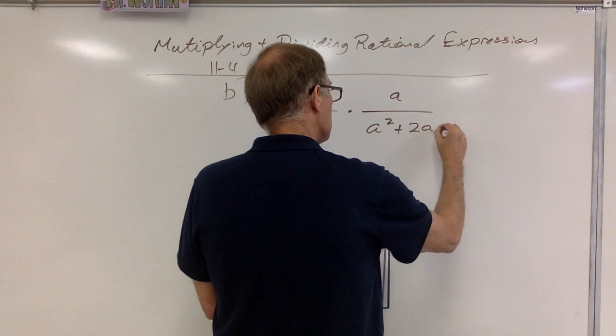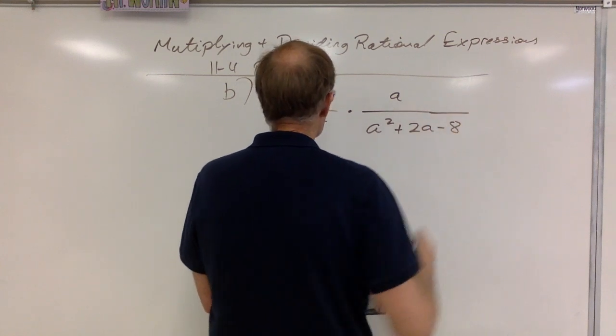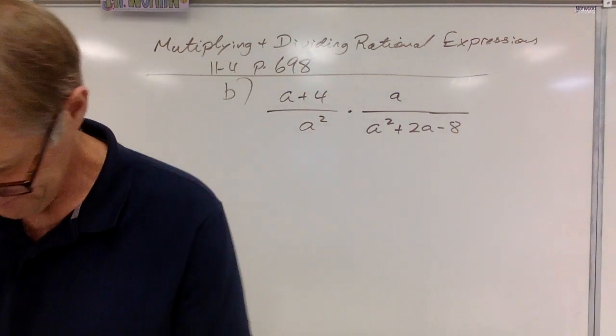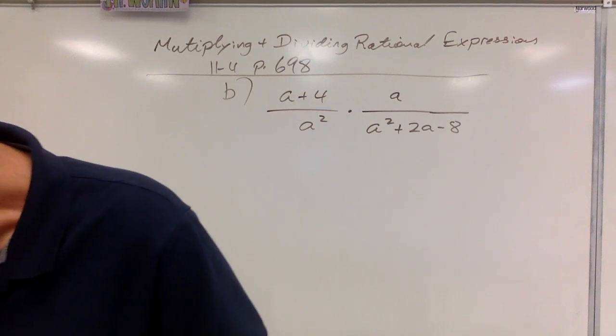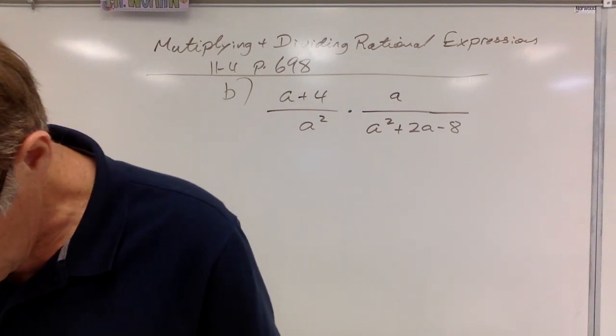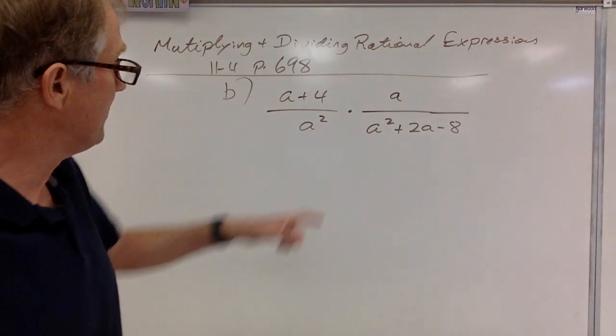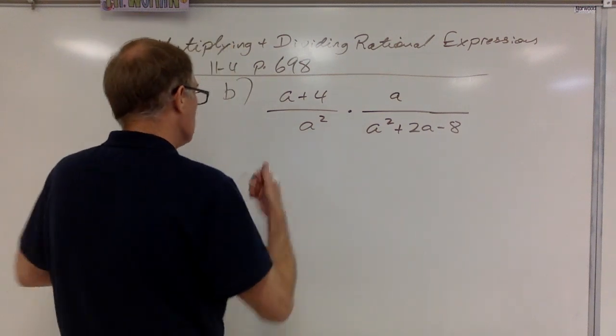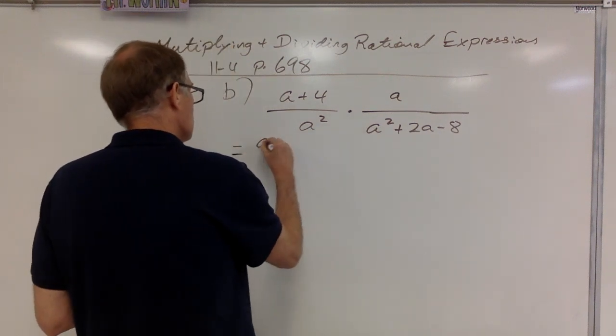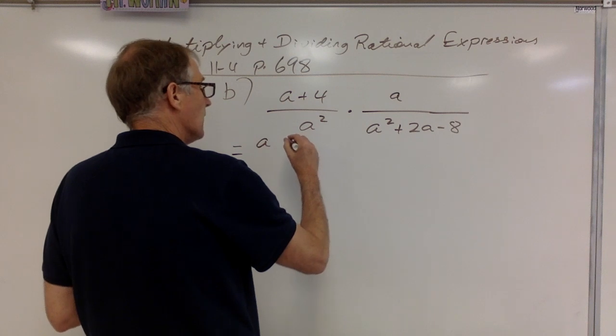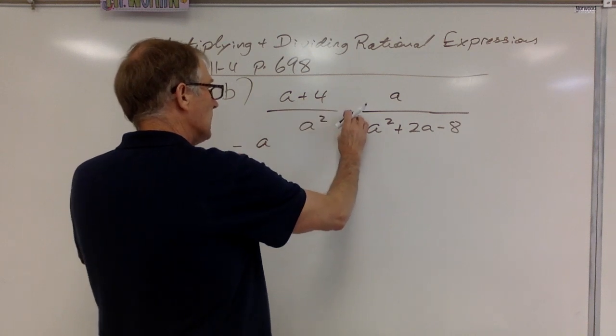Let's see what we can do here. This is factorable, so we can factor it. I'm going to leave this one, and we can get rid of the times sign too.